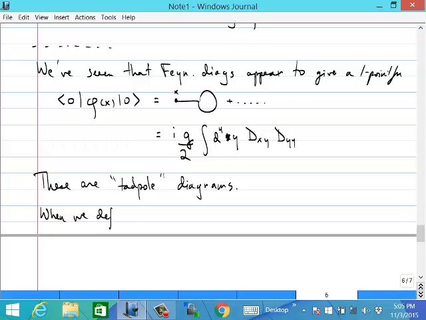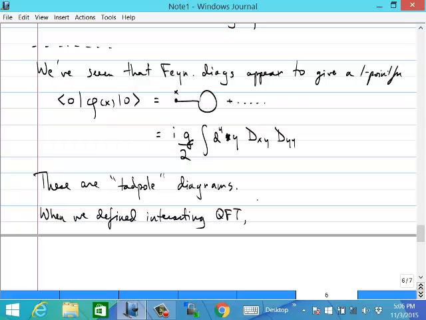When we defined interacting quantum field theory, remember we said we could consider any potential that is an arbitrary function of phi, but we decided to shift our value of phi so that the potential was quadratic around phi equals 0.